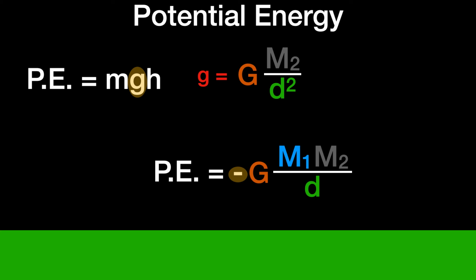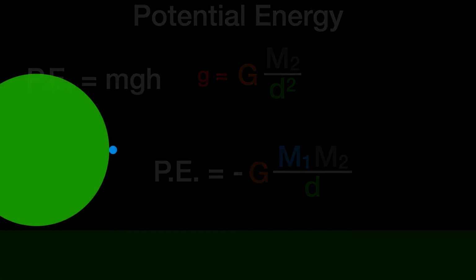Well, partly to annoy people who are trying to study, but because the farther you get away from something, the more gravitational potential energy you have. So if you put a negative out front, it all works out, right? So if you get far away, it approaches zero, but it gets less negative as it approaches zero.